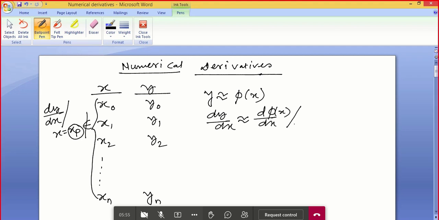In that derivative you have to put x equals xp, and that will be the approximate answer.